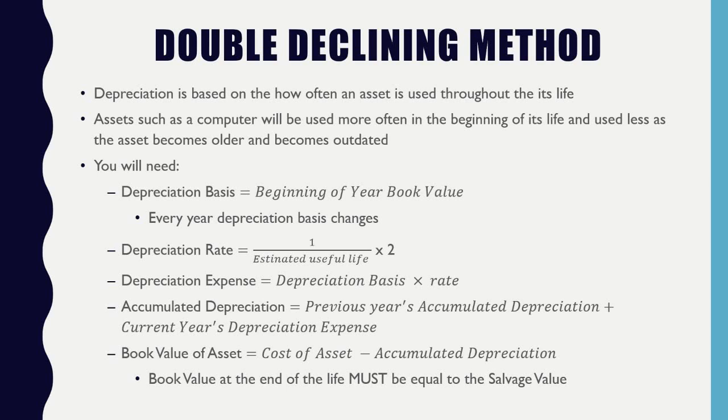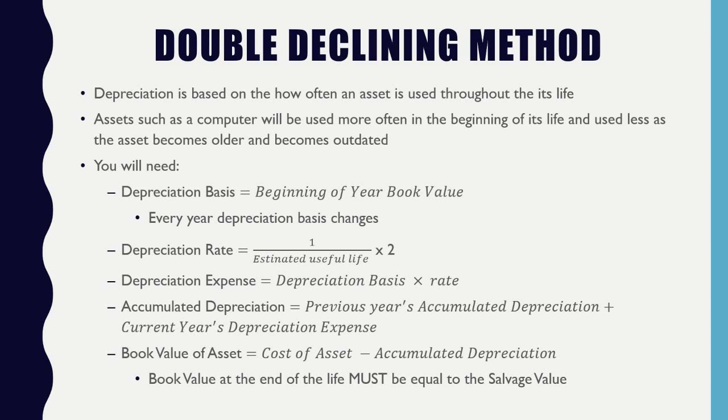The second formula we have here is 1 over its estimated useful life times 2, because we're taking 1 as a whole number, an overall number, and then we're going to divide it amongst its estimated useful life. So in a sense, you can think of it this way: you take the asset cost and divide it amongst its life, but this time it's being multiplied by 2.